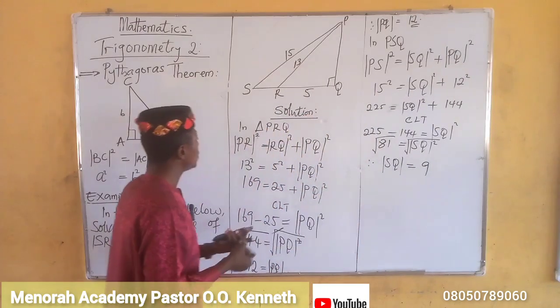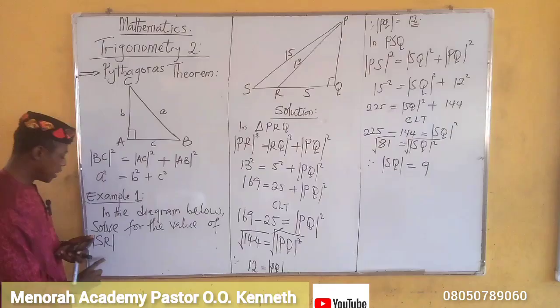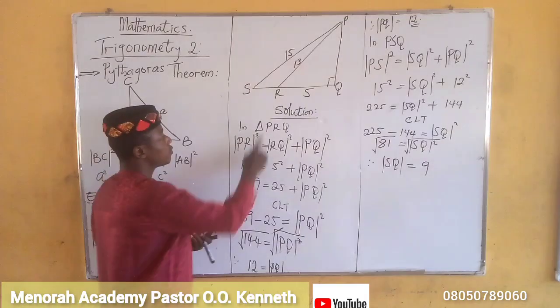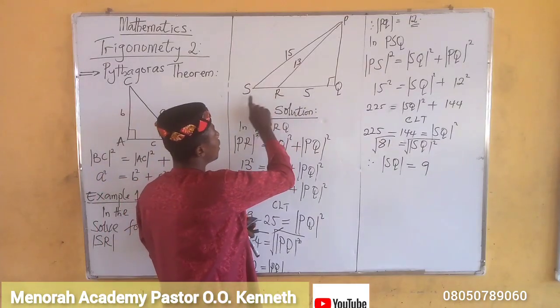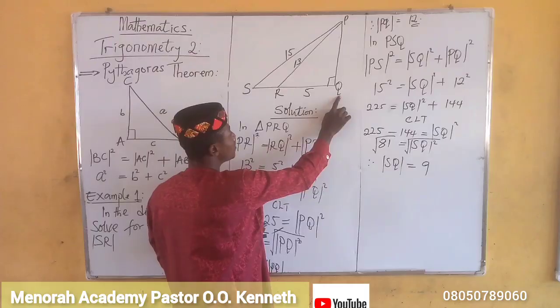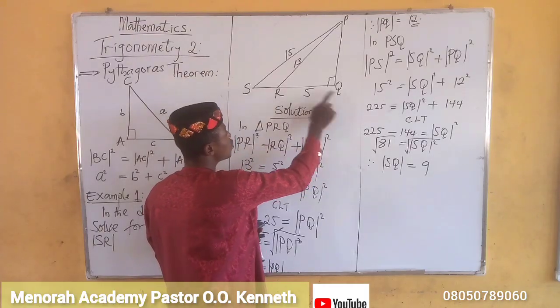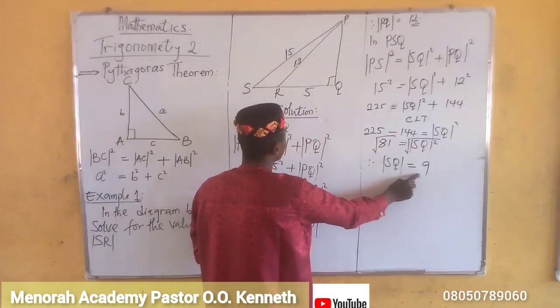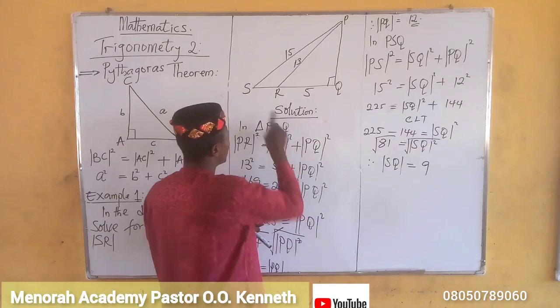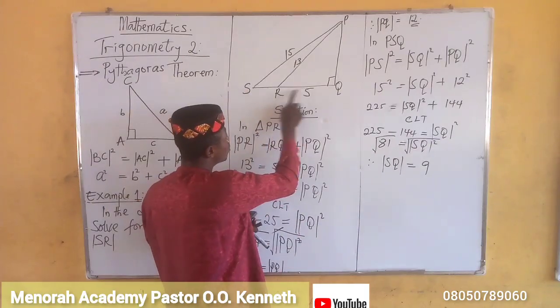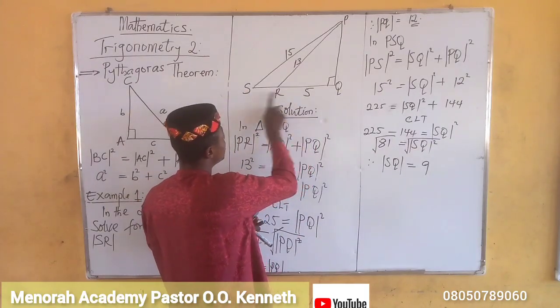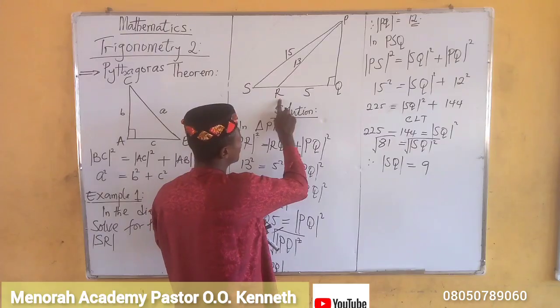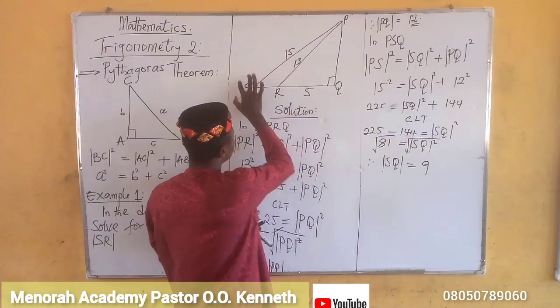So now the question is, we should find our SR. If from S down to Q is 9, that means RQ is 5. That means SR plus RQ is equal to SQ.